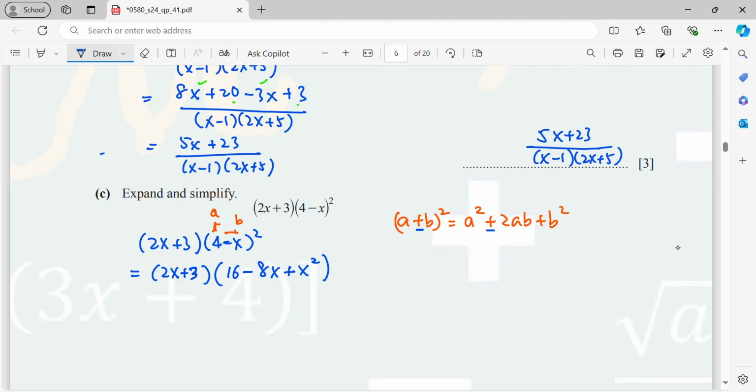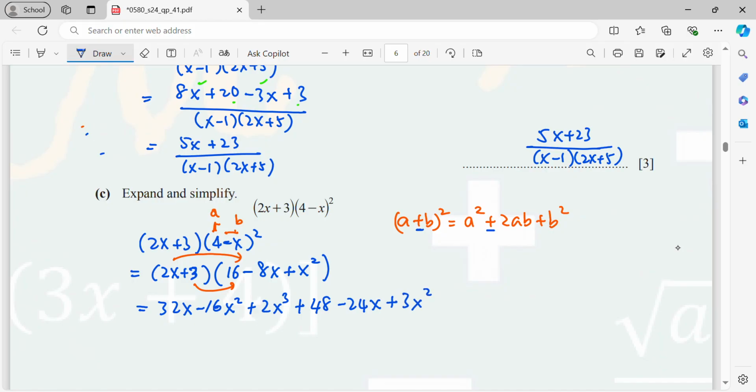And then now, further expand. 2x multiplied with the whole bracket, followed by 3 multiplied with the whole bracket. So here, I will get 2x times 16, that is 32x. 2x times minus 8x is minus 16x squared. 2x times x squared will be 2x cubed. Then 3 times 16 is plus 48. 3 times minus 8x is negative 24x. 3 times x squared will be positive 3x squared.